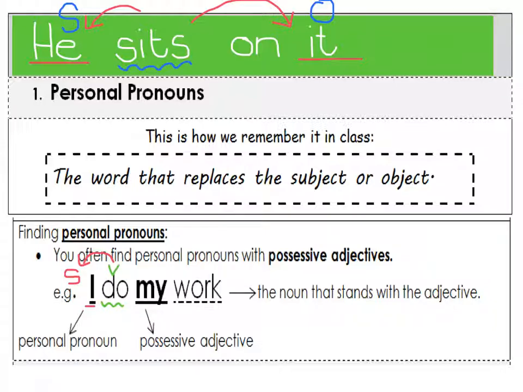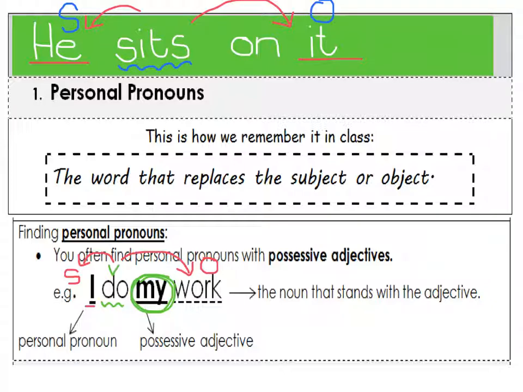Now let's have a look at the object. The object is the person or the thing receiving the action. What am I doing? I'm doing my work. Work is the object. In this case, my is not the object, and therefore my cannot even be a personal pronoun. The question is, what is it then?